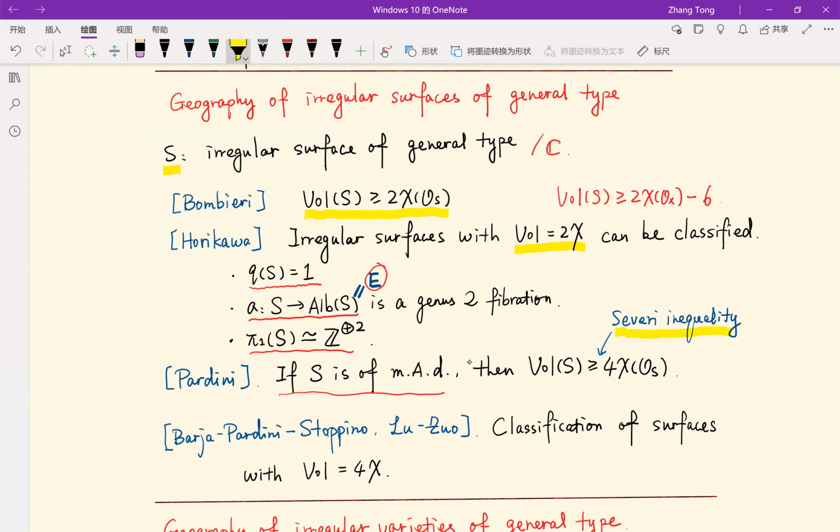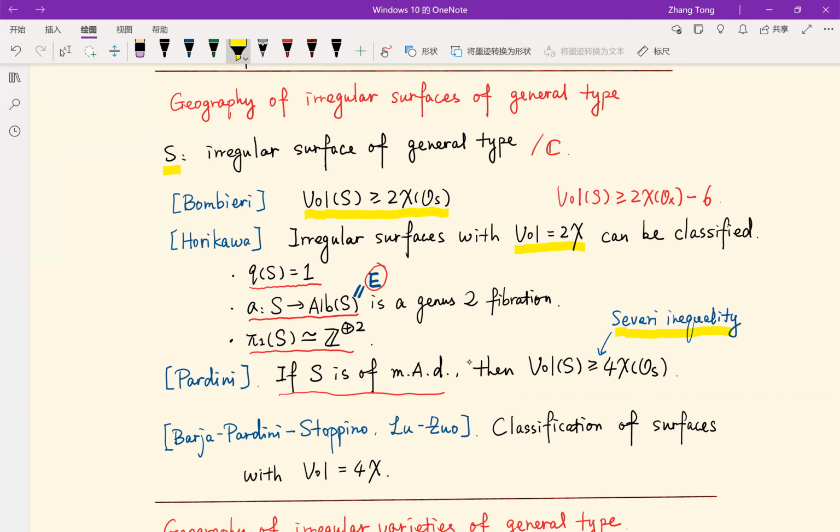It was proved by Pardini in 2005, I guess. This inequality tells us that if your S is of maximal Albanese dimension, then the volume is at least 4 times the Euler characteristic. So this is better than the result of Bombieri, and of course, because you have more constraint on S.